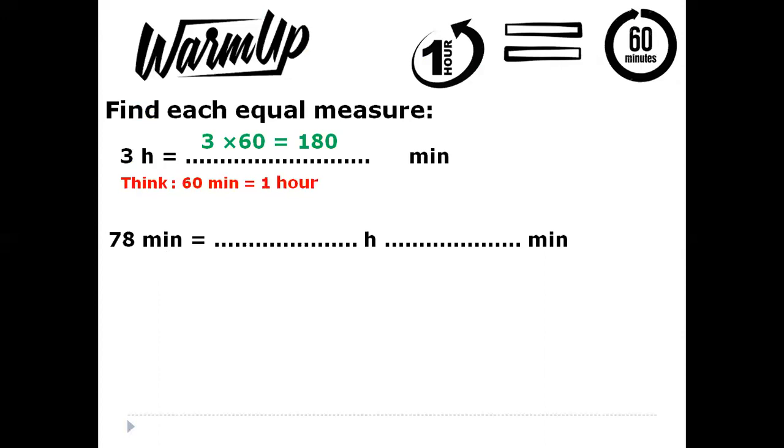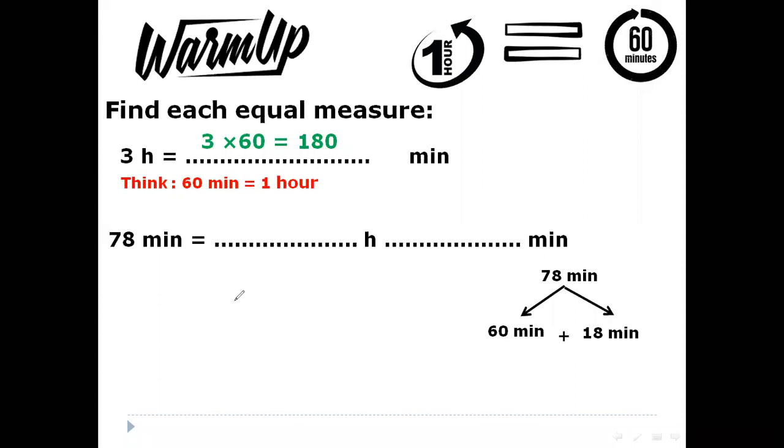There is, of course, one 60. So in the 78 minutes, there is one group of 60 minutes, which means 1 hour. And how many other minutes are left? 18 minutes.